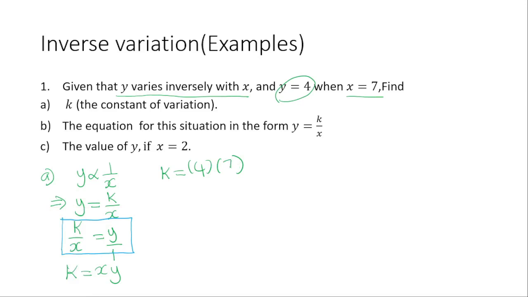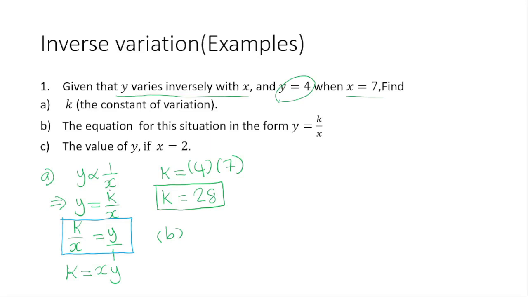Okay, so a 7 there. So when you multiply, you have k being equal to 28. Part B is asking for the equation of this situation in the form y is equal to k over x.